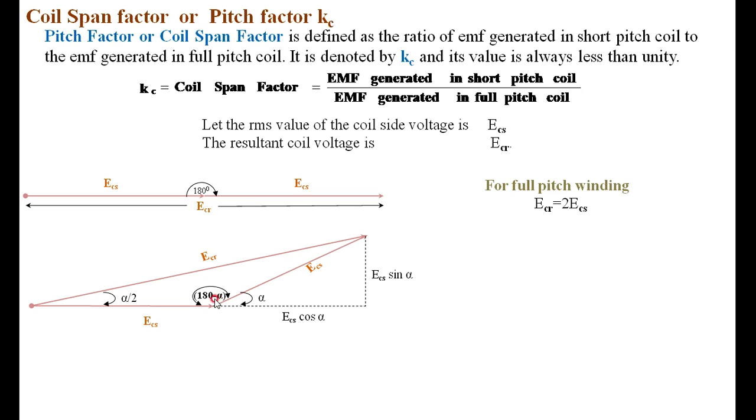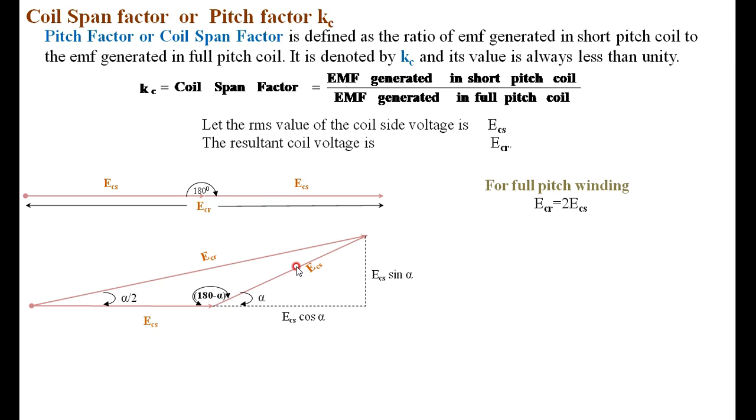Therefore, this ECS is added to the first ECS by an angle of 180 minus alpha. What I am interested in is the resultant voltage ECR, so you have to find the resultant voltage ECR.